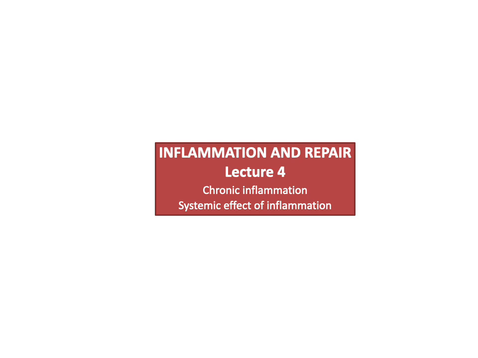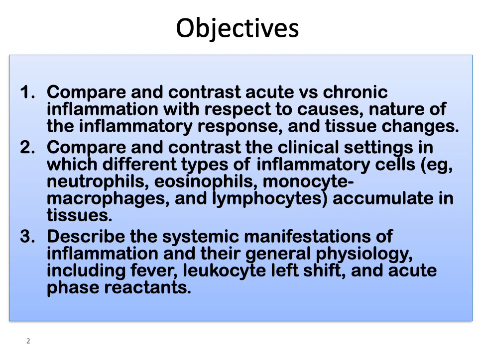But it is important to recognize that chronic inflammation is part and parcel of the whole process. That's point number one. And point number two, repair is intrinsically tied with the process of chronic inflammation. So, as we proceed with the lecture, please keep in mind these very important points.